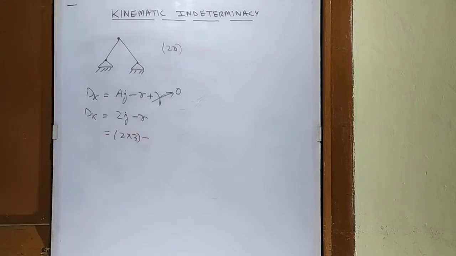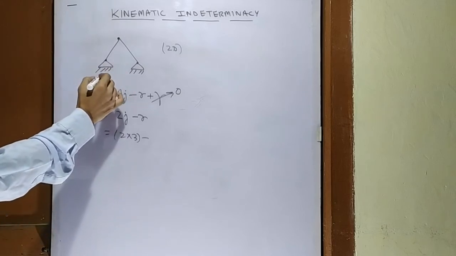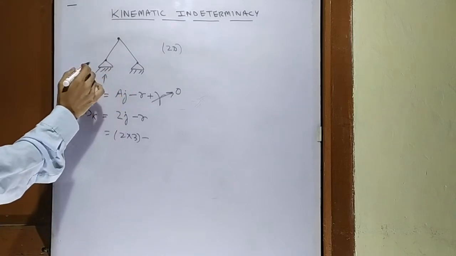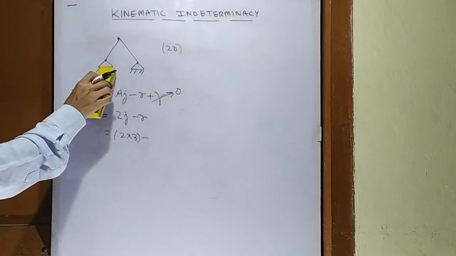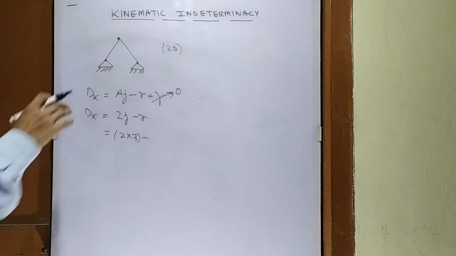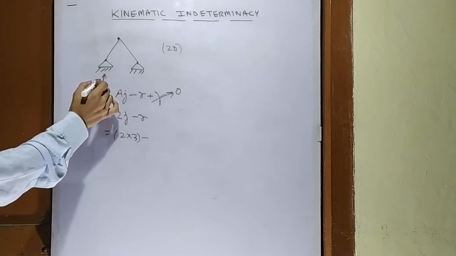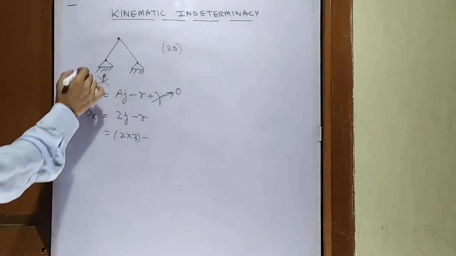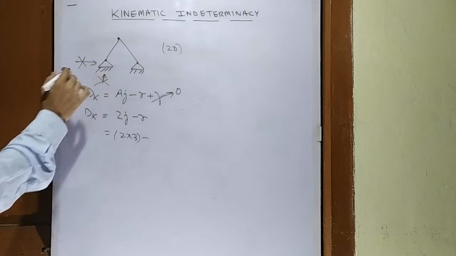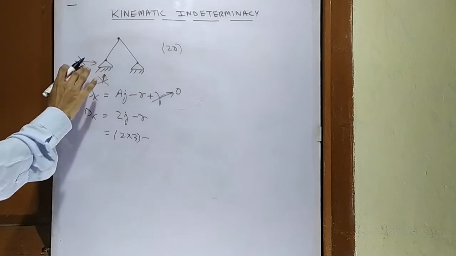So we can see that this is a pin support, and it will restrain the motion in x direction, and also in y direction. This pin support cannot provide motion in x direction and in y direction.